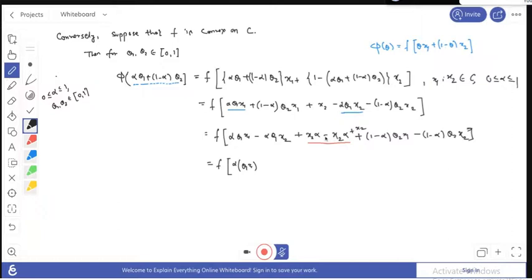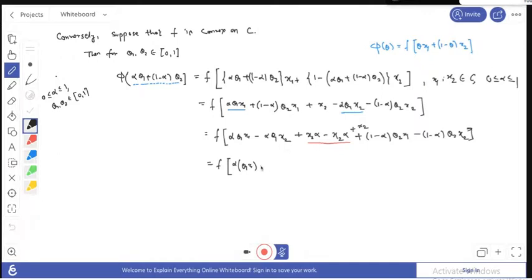If we take alpha of x1 and 1 minus theta 1, and x2 alpha is common, we write them together: this plus x2, and here alpha of x1, and the next term is x2 alpha.